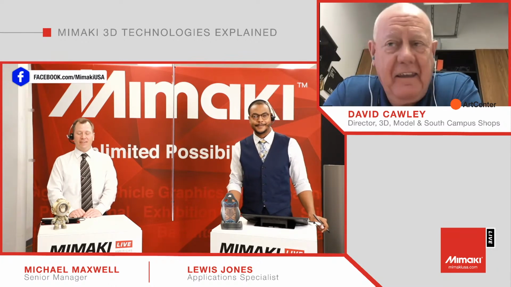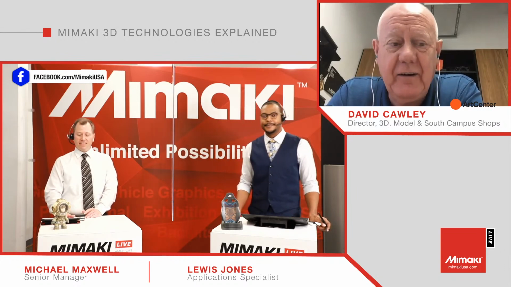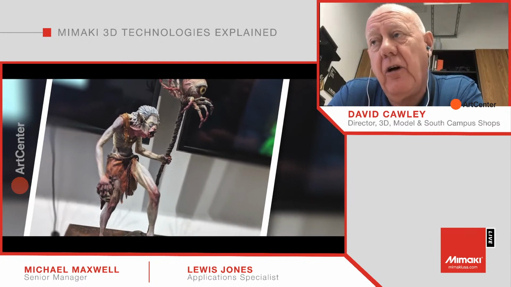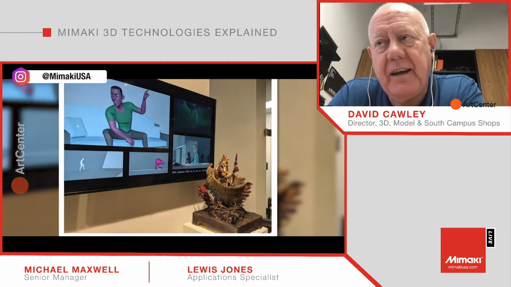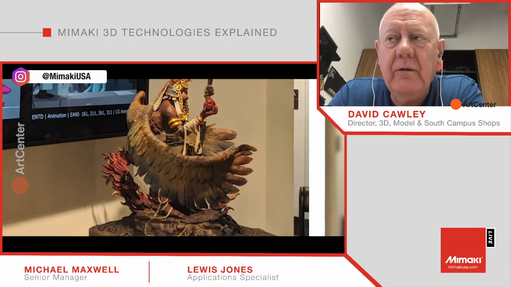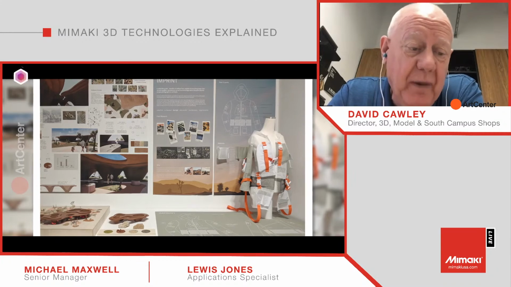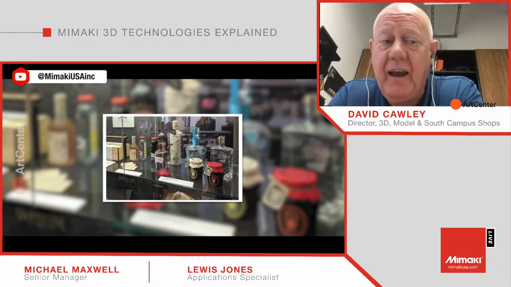Right, and that's a good one. The way that students utilize the 3D technology, and again, this is across disciplines, everybody is looking at 3D. It's a very exciting time for 3D printing, so everybody wants to utilize it. An example would be transportation design. We primarily work in 5th scale.